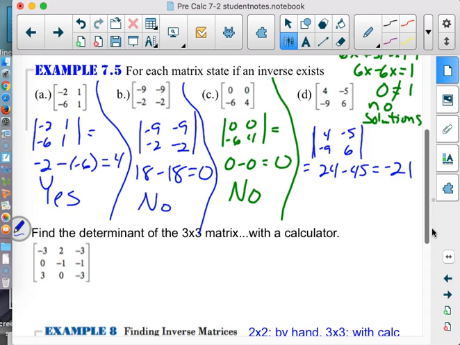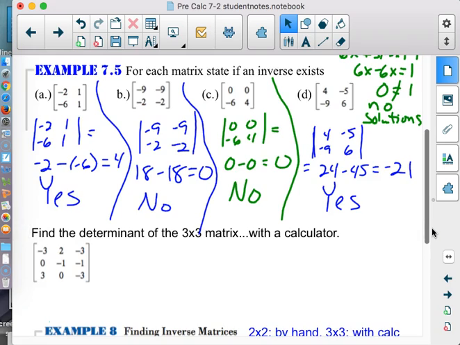Makes me a little nervous. Did the definition say anything about negatives? Not a doggone thing. This will have an inverse. It's just 0. That's a problem. Just 0. Nothing else. Determinant is 0. You will not have an inverse. Is it going to happen?